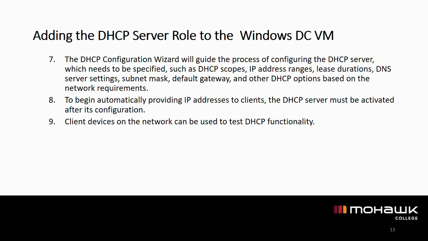So to continue, the DHCP configuration wizard will guide the process of configuring the DHCP server, which needs to be specified, such as DHCP scope, IP address range, lease durations, DNS server settings, subnet mask, default gateway, and other DHCP options based on the network requirements.